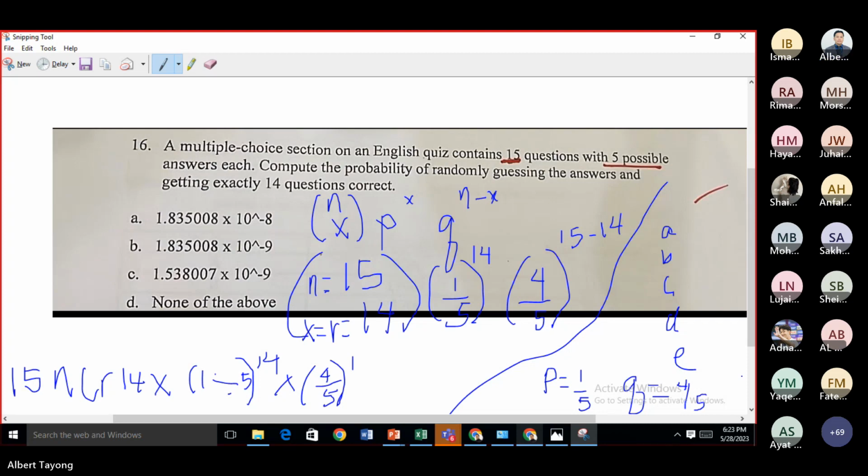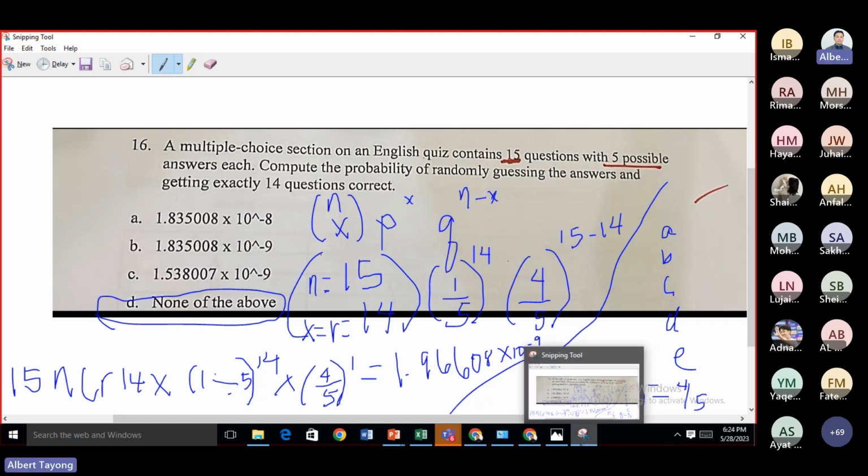So the first one is raised to the power of 14 times 4/5. So the answer is 1 point something: 1.96608 times 10 raised to the power of -9. So the answer here is none of the above.